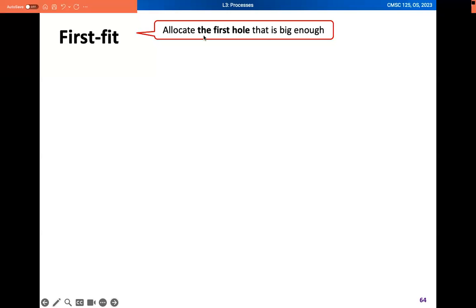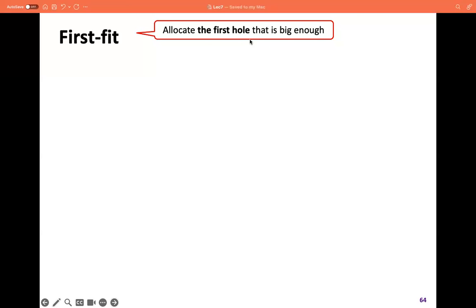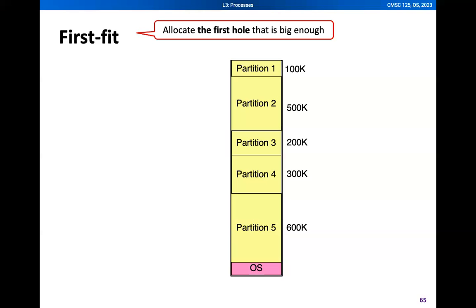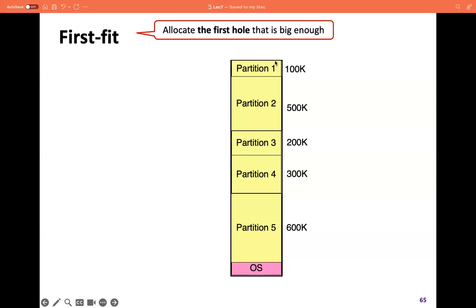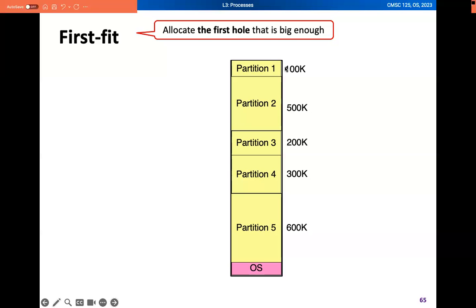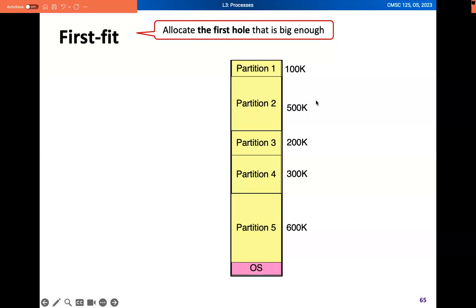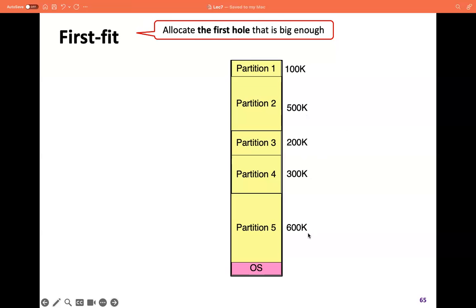As we have mentioned, this allocates the first hole that is big enough, or assigns the first available memory block that is large enough to accommodate a process. So as mentioned in the problem read earlier, we have a memory partition in this order: 100, followed by 500, followed by 200, 300, and then 600.